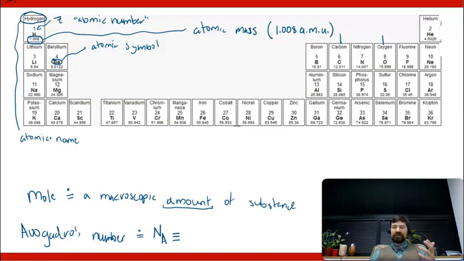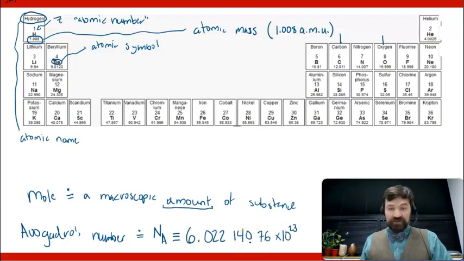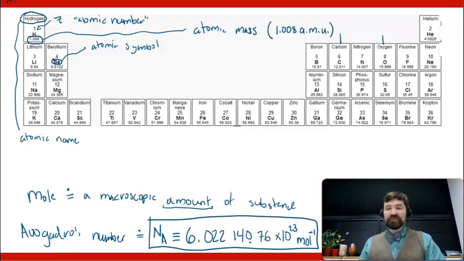Our scales are made, in other words, with reference to that value. So that number is exactly 6.022140076 times 10 to the 23 per mole. So per mole is written as mole to the -1 power. And that is the exact value of Avogadro's number. That's how it's been redefined.